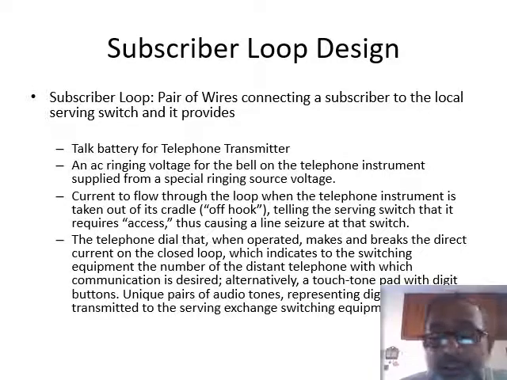A DTMF receiver is a dual tone multi-frequency receiver, an electronic system that allows you to dial a certain number, and it understands what number is dialed. There are two ways to dial a number.